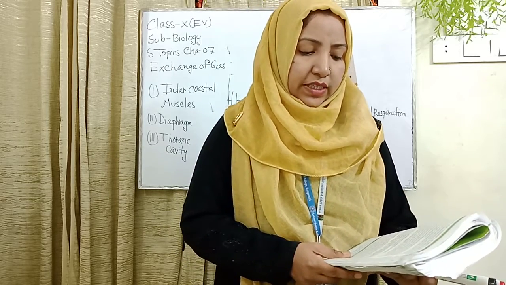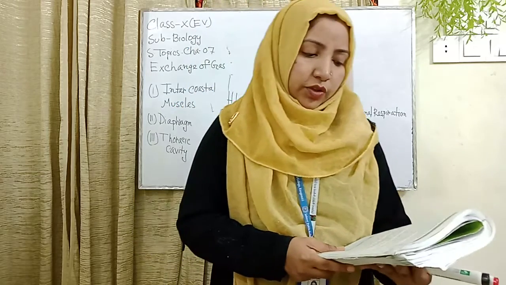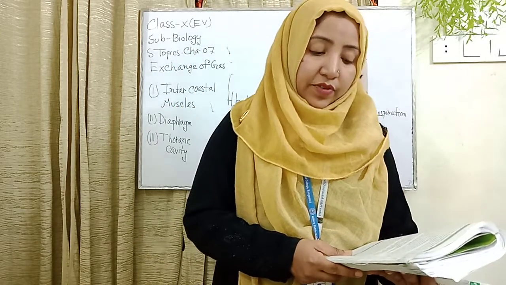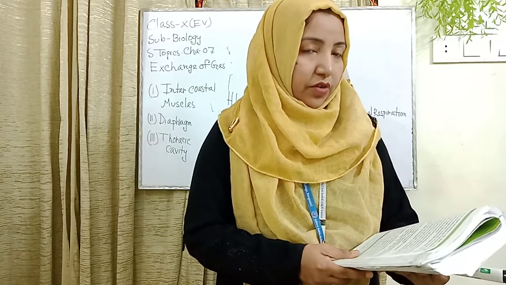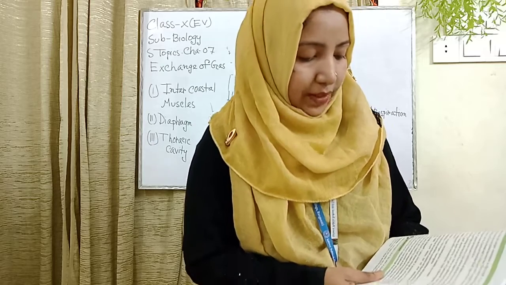Basically, a small amount of oxygen flows in the plasma and most of the oxygen makes a loose bond with the iron part of hemoglobin and forms a temporary compound. Again I repeat, the temporary compound is also called oxyhemoglobin.